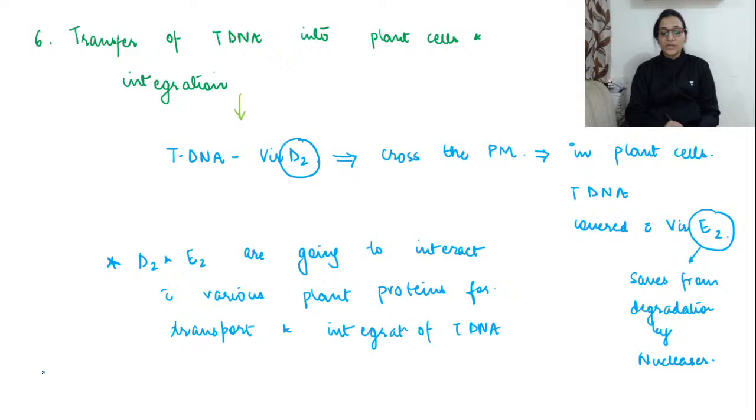Right? Now the tDNA transport is going to occur. So we'll write the complex, that is tDNA with Vir D2 and Vir E2 and plant proteins. This complex enters the nucleus.